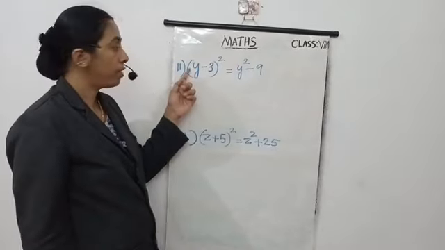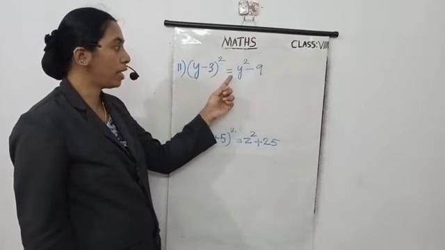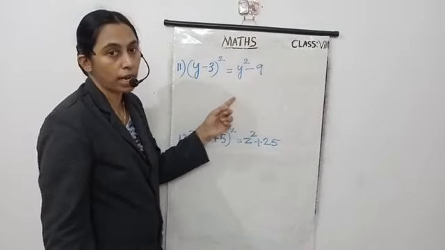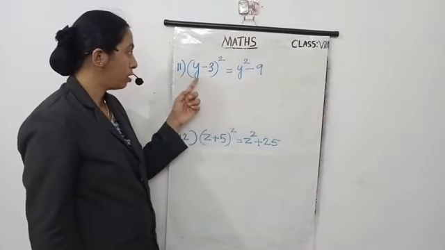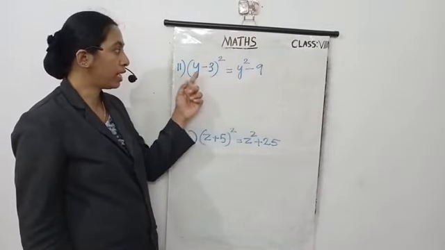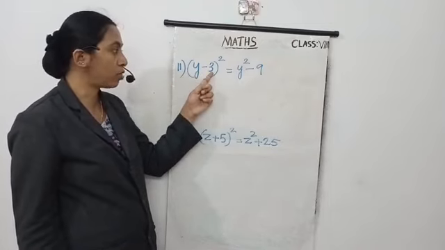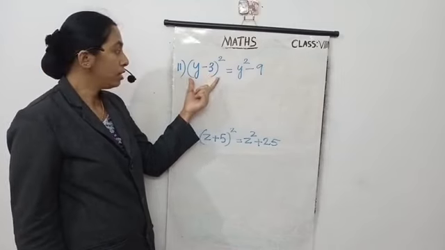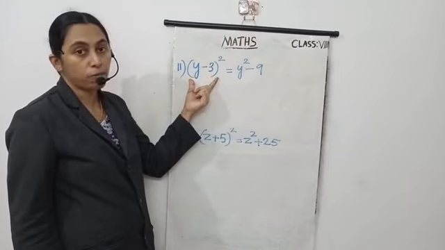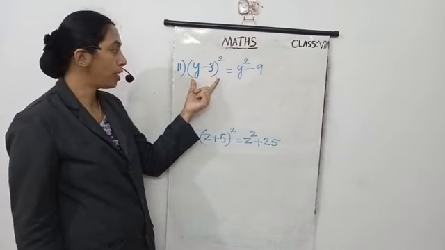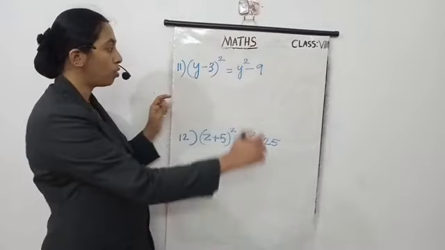Now question 11. y minus 3 whole square equals y square minus 9. Is it correct? Here they just took the square of y and the square of 3. This is in the form of a minus b whole square, isn't it? So we expand this y minus 3 whole square.